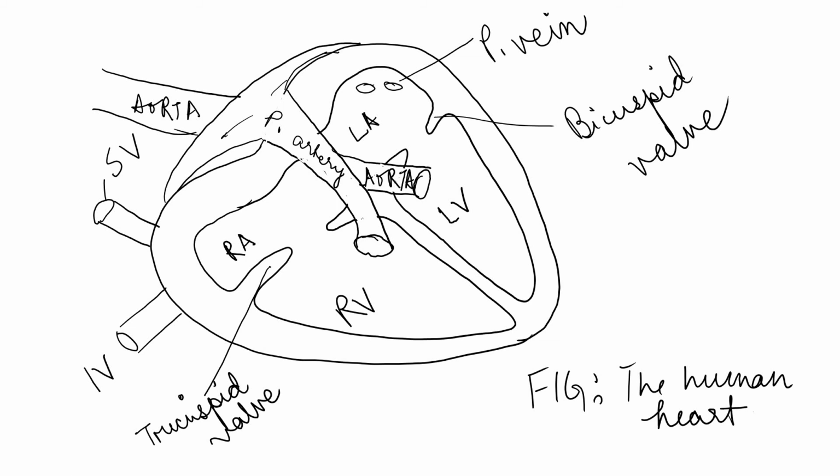Now what I want to explain to you is the systemic circulation and pulmonary circulation. I hope you all can draw this diagram, and I hope this makes the diagram easy for you to draw. When the blood flows from the heart to the lungs and again from the lungs to the heart, that is called the pulmonary circulation.